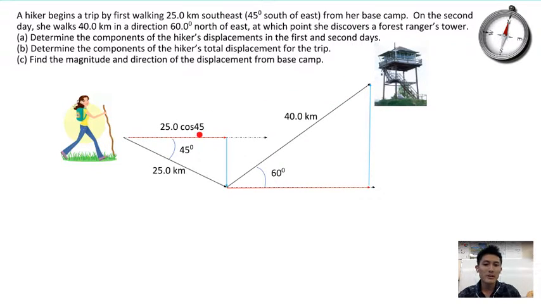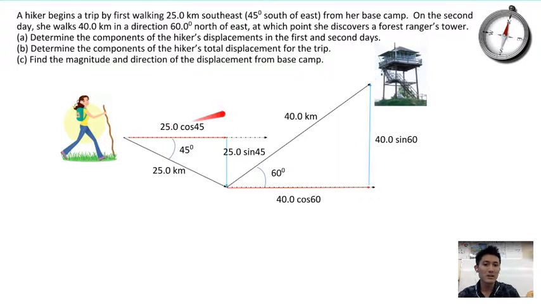We know that if we do 25, which is our hypotenuse, times cosine of 45, we will find this leg. If we do 40 cosine of the angle, 60 degrees, we'll get this leg. Same thing for the y components. If we do 25 sine of 45, we'll get this leg, and then 40 sine of this angle, we'll get this leg.